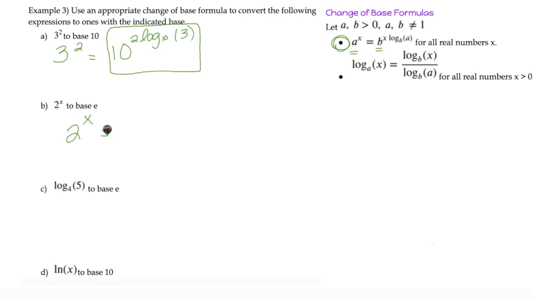This is going to be equal to the base that we want, base e, to the power of my x value, which in this case just happens to be x itself, times log of base e, the base that we want, of our current base. I also know that log base e is the same as the natural log, so I am going to say that this is e to the power of x times the natural log of 2.